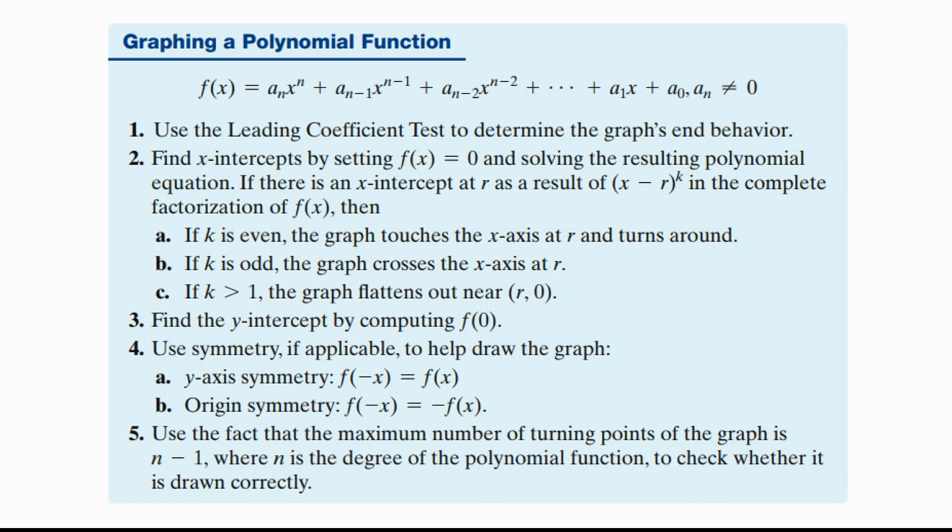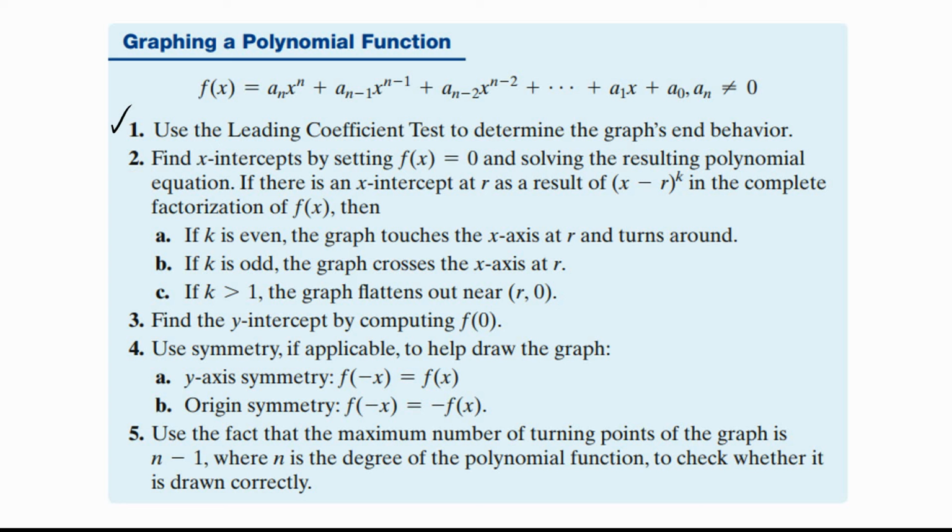So to graph these polynomials, this is what they give in the book. I think that's pretty good. We're going to go through these steps. First, apply the leading coefficient test, and then after that, determine the multiplicity. That's step number 2.